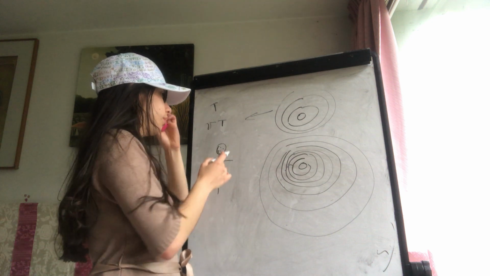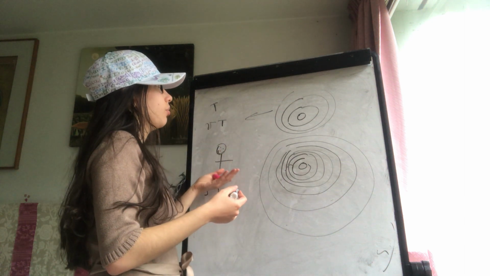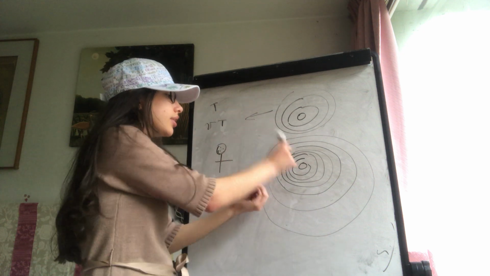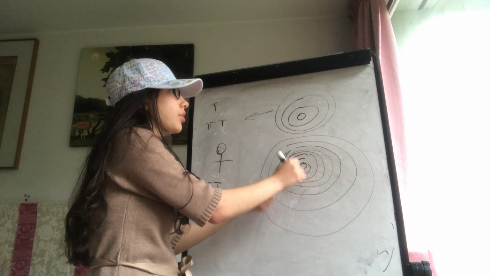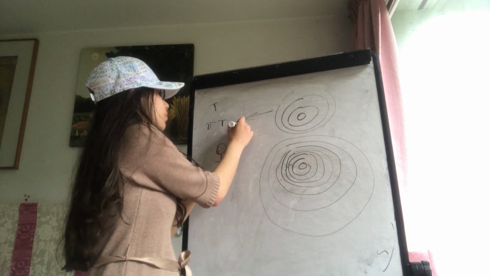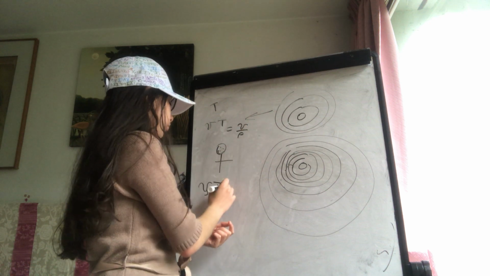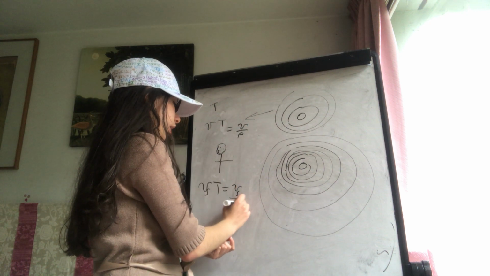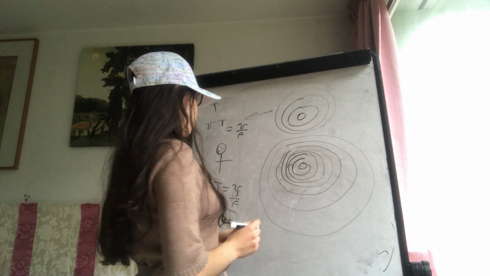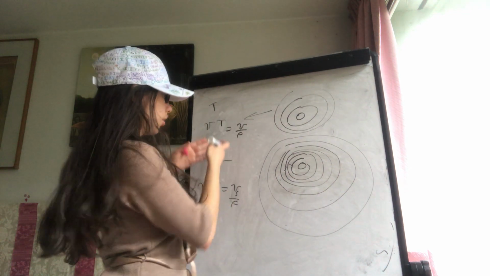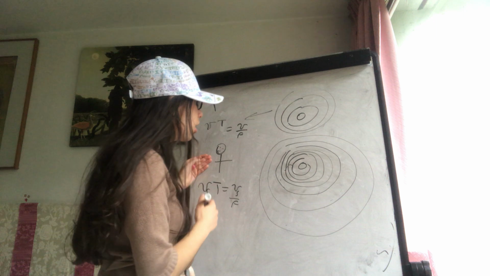Now remember that t is the period, so it is 1 over the frequency at which the sound waves are produced by the source. So this is v over f, and this is v sub s over f. We want to know the frequency at which this person is listening.